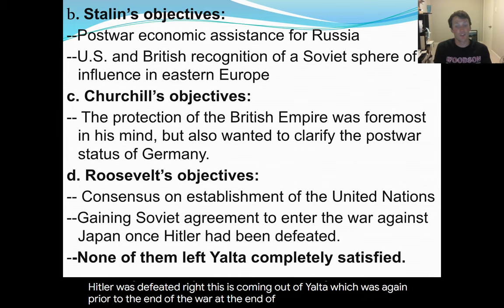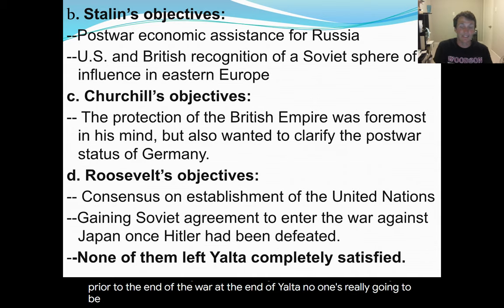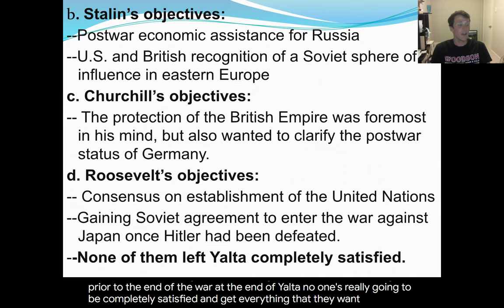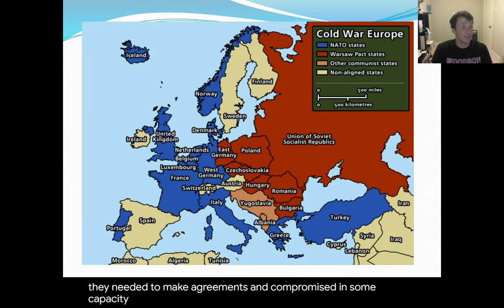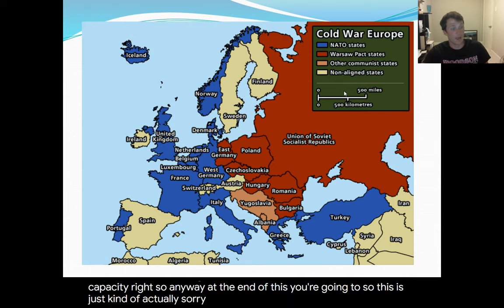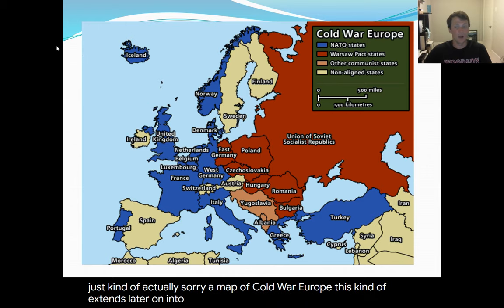At the end of Yalta, no one's really going to be completely satisfied and get everything that they want, because they needed to make agreements and compromise in some capacity. So, this is actually a map of Cold War Europe. This extends later on into the 1950s and 1960s and even 1970s.